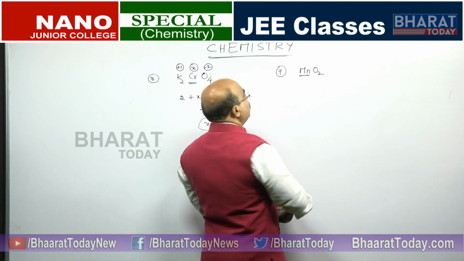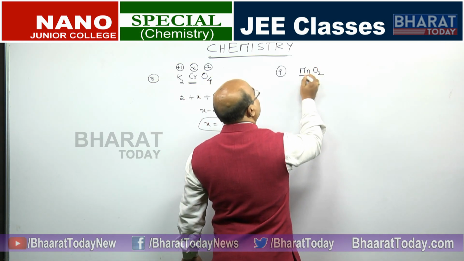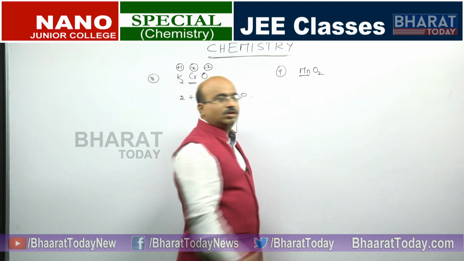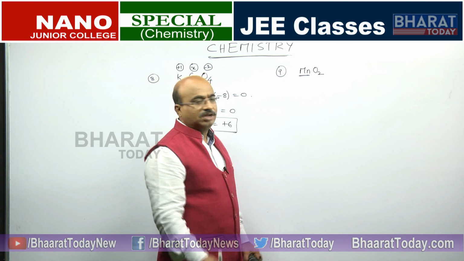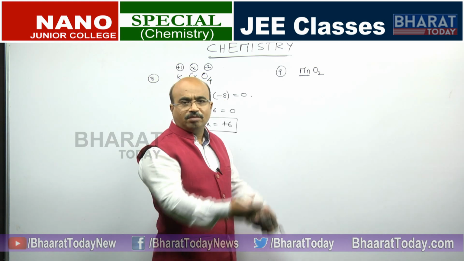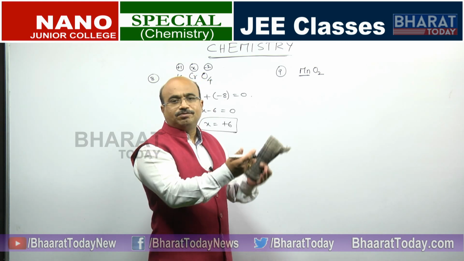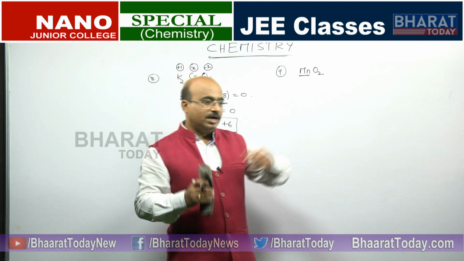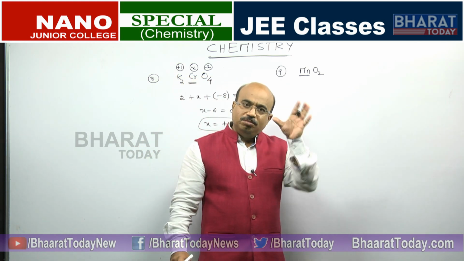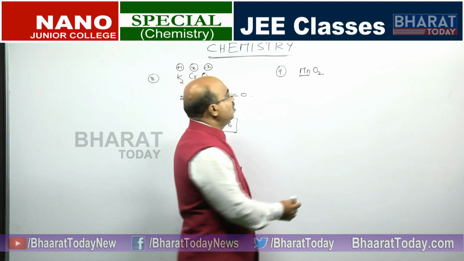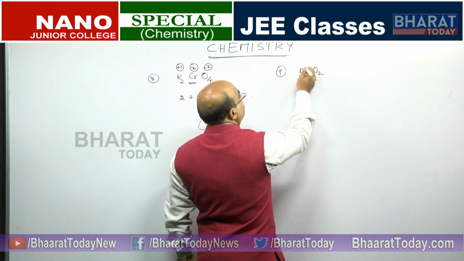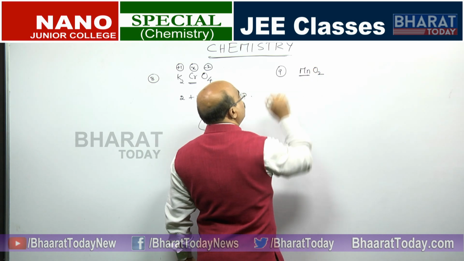Now, this MnO2 is not a peroxide or superoxide, because manganese does not belong to 1A or 2A. It is a D block element in the middle of the periodic table: left side we have S block, right side P block, in the middle D block. So, this is not 1A or 2A.